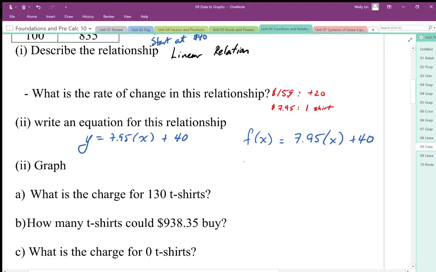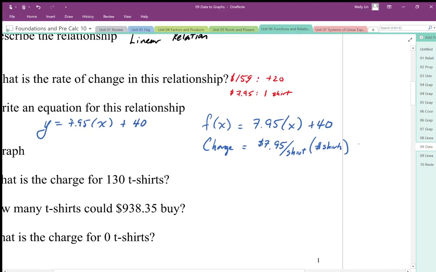So my charge is equal to $7.95 per shirt times the number of shirts plus the original charge of $40.